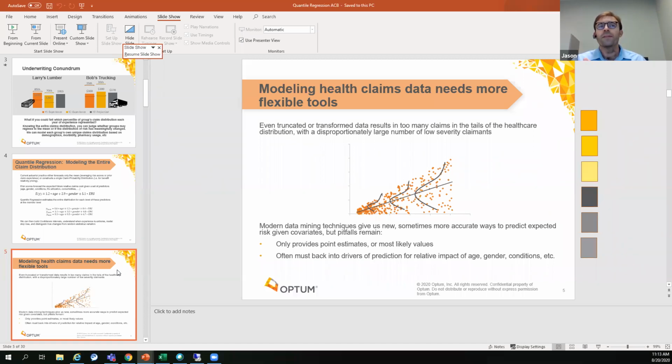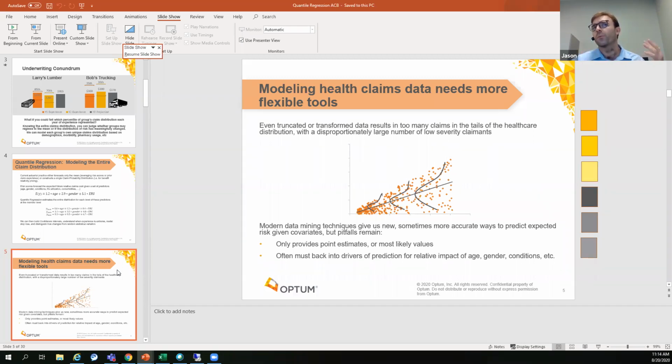First of all, they only provide point estimates or most likely values, median estimates, something like that. And the other, even more essential pitfall of these modern data mining techniques is that the way you have to assign the impact of your overall risk score back to the individual conditions that drive that risk score is a little bit ad hoc.